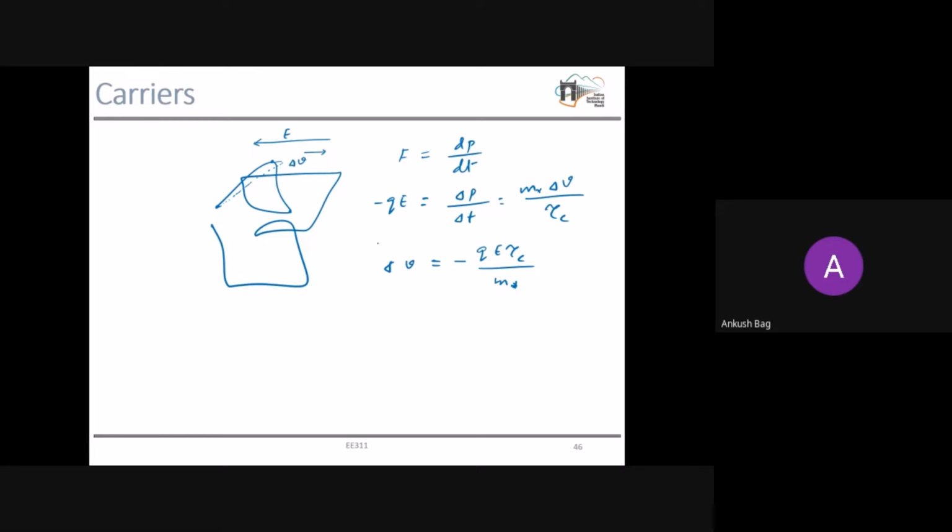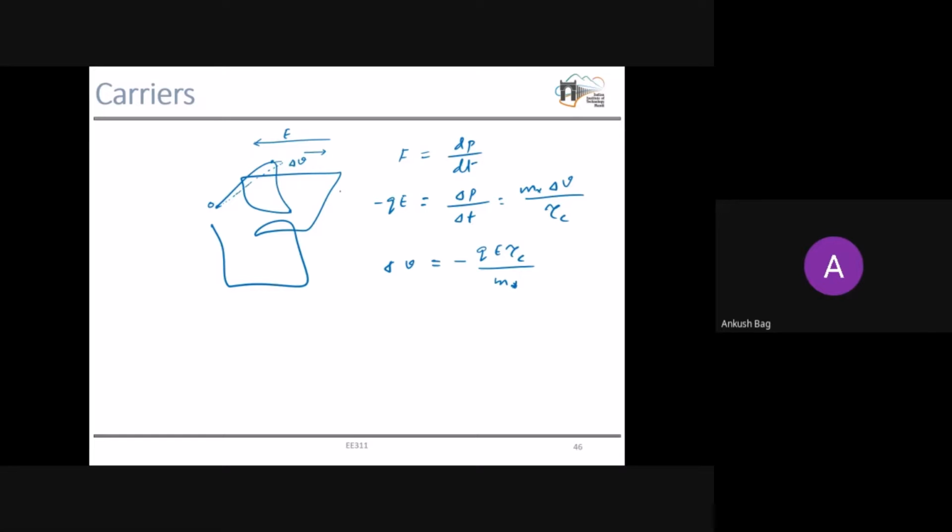This del v is the velocity after applying the electric field. This dotted line represents the path of your electron after applying the electric field. Here del v was 0, and then here it is getting del v amount of velocity.